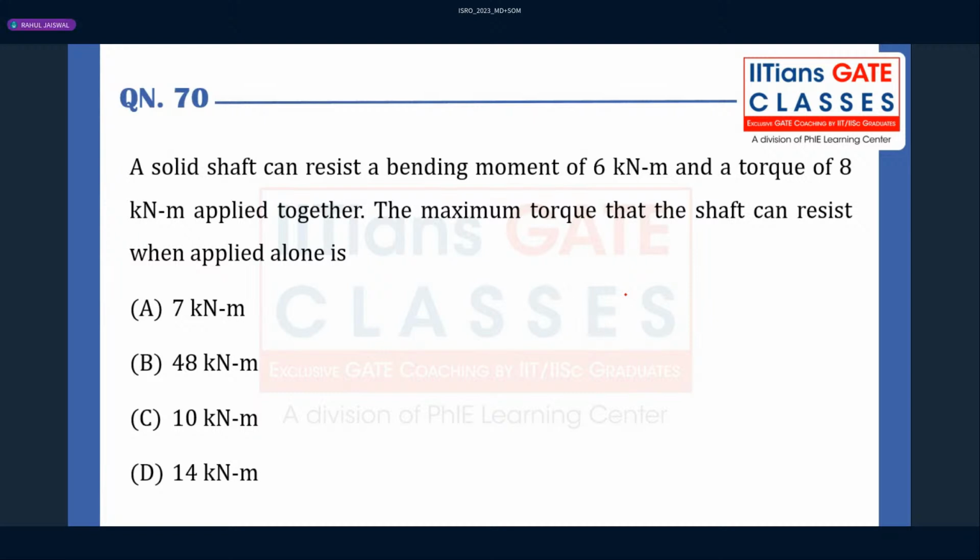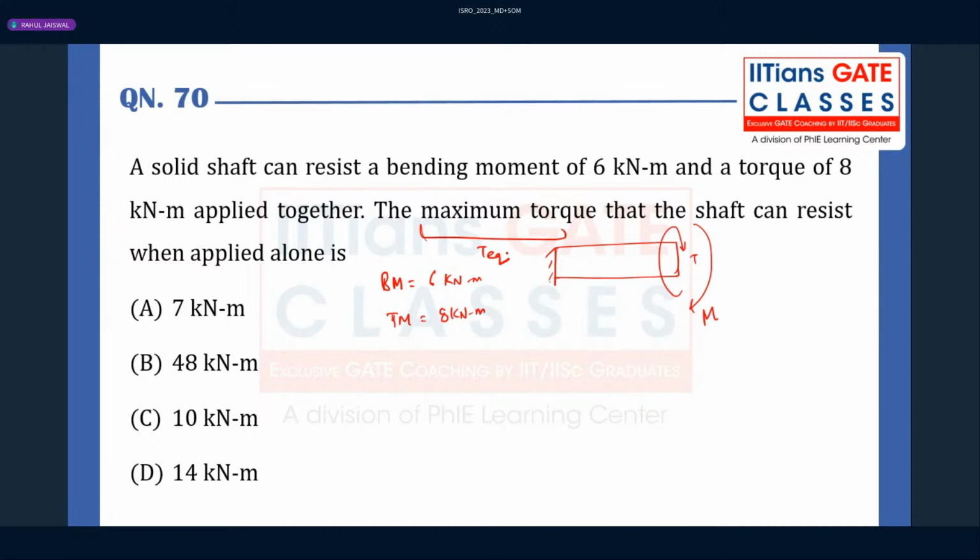A solid shaft can resist a bending moment. That means a solid shaft is being subjected to a bending moment and a twisting moment also. The bending moment is 6 kilonewton meter, and the twisting moment is 8 kilonewton meter. Together, the maximum torque that a shaft can resist when applied alone. That means they are asking what is the equivalent torque.